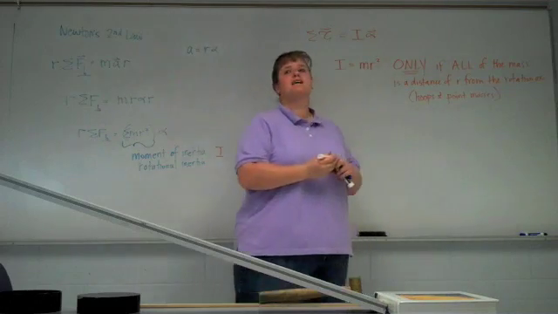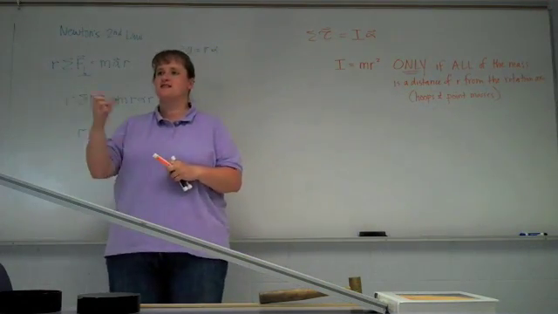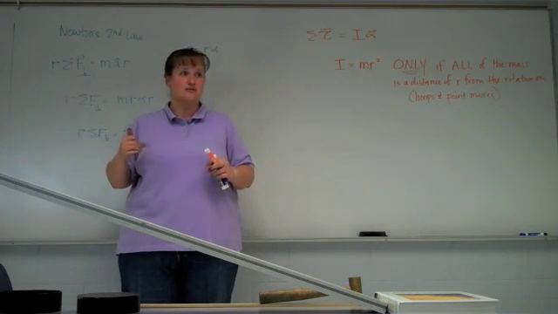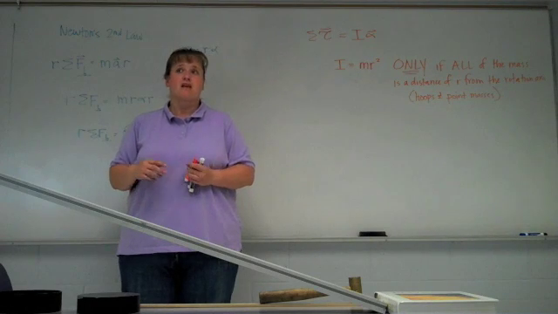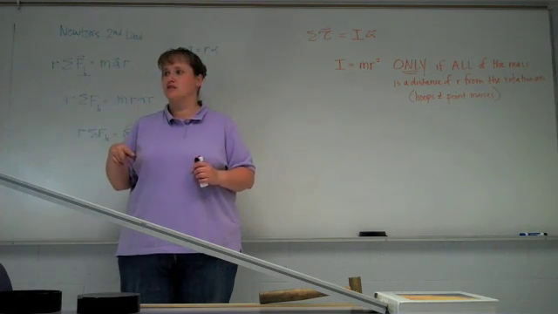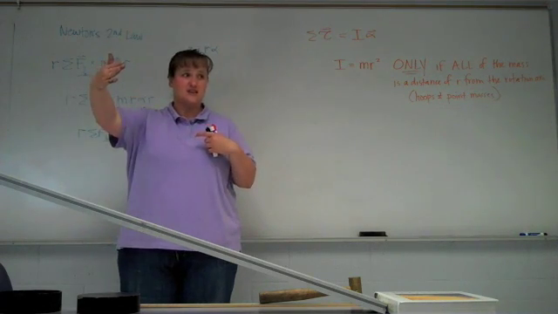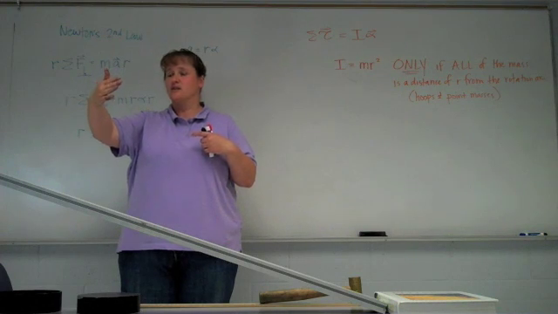By point masses, I mean the object is small compared to the radius that it's moving through. For example, the moon orbiting the Earth. You could treat the moon as a point mass in relation to how far away it is from the Earth.